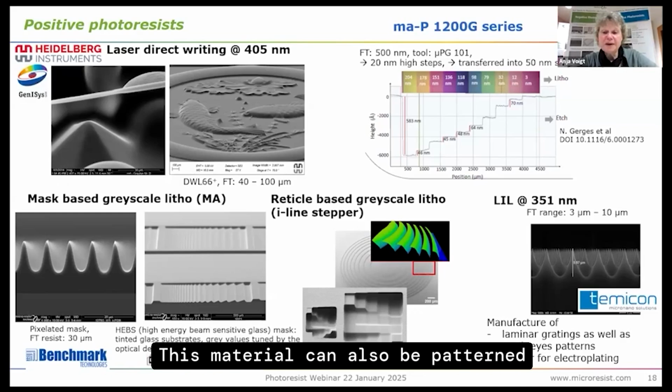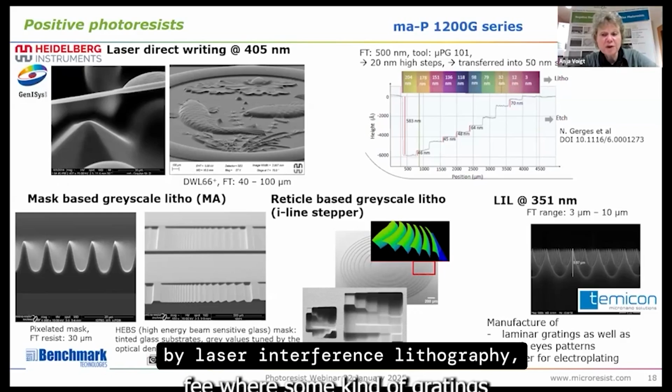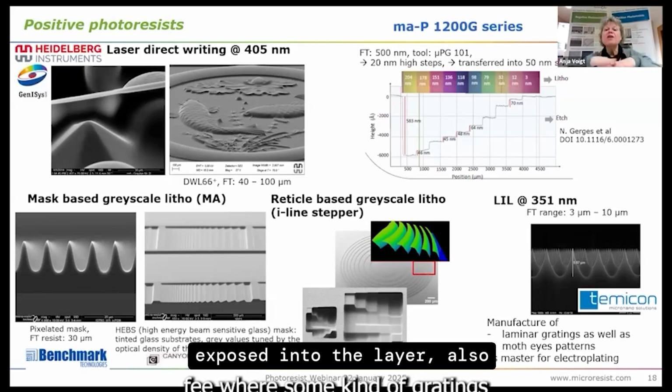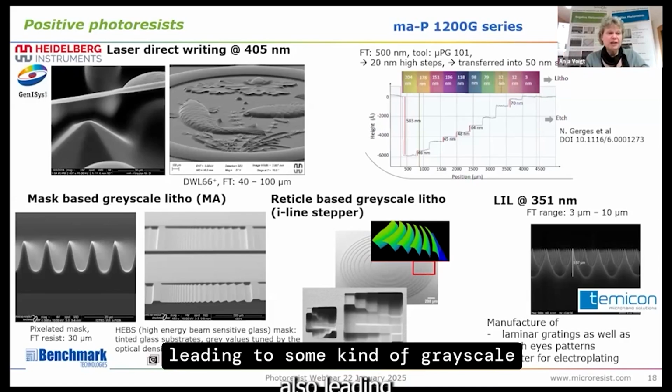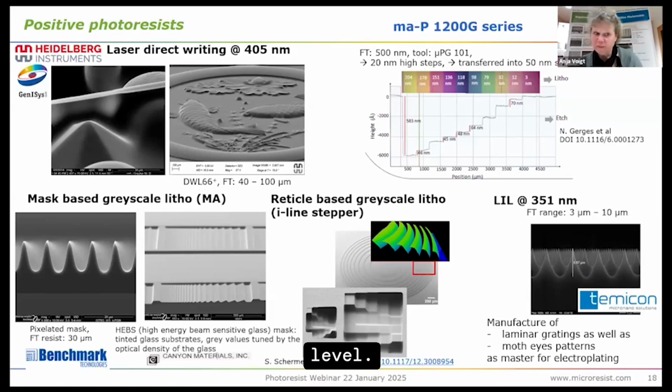This material can also be patterned by laser interference lithography, where some kind of gratings is exposed into the layer, also leading to some kind of grayscale level.